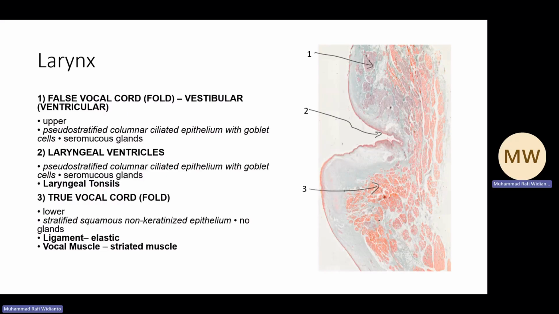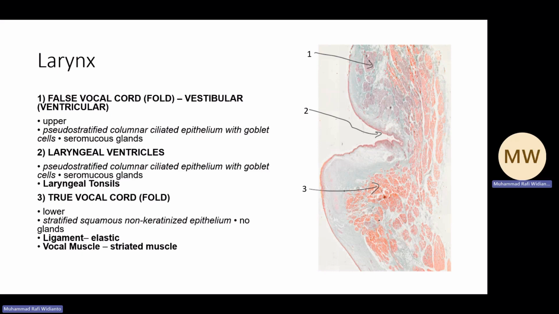Now we'll talk about the larynx. To put it simply, it's split into three parts: the false vocal cords, the laryngeal ventricles, and the true vocal cords. Now, the false vocal cords and the laryngeal surface both contain the same contents. They are all pseudostratified columnar ciliated epithelium with goblet cells, and they all contain serous mucous glands.